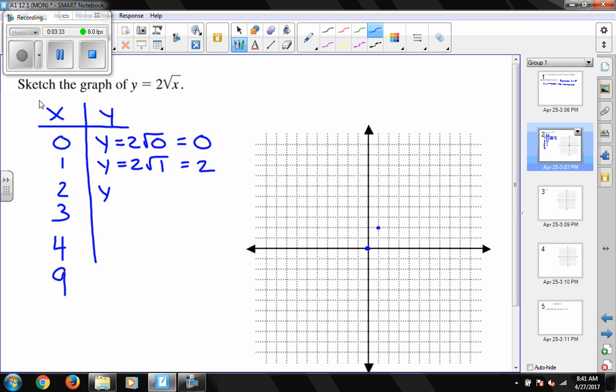At 2, you get 2 times the square root of 2, which is not a nice, pretty number. It's approximately 1.4, so we multiply that by 2 and get approximately 2.8. We make our best guess.